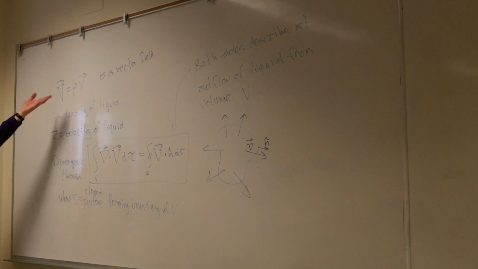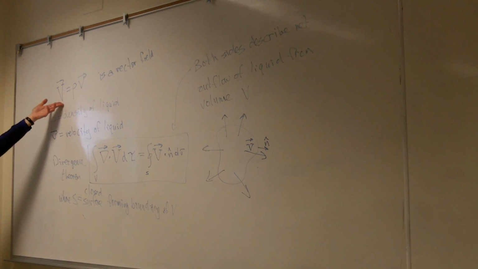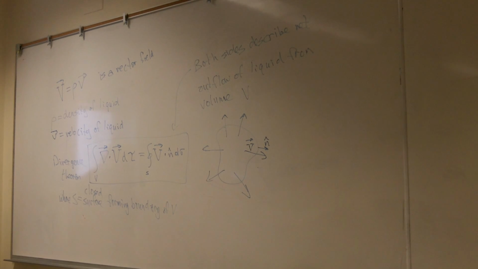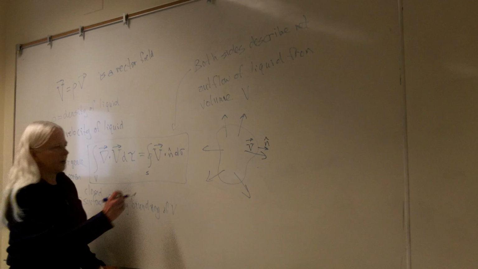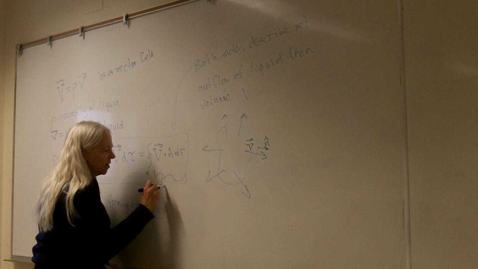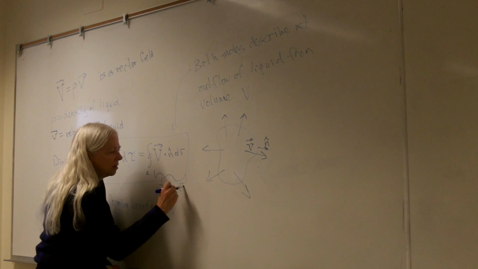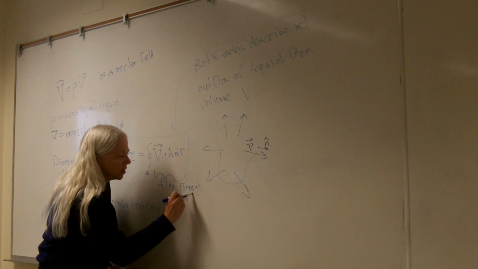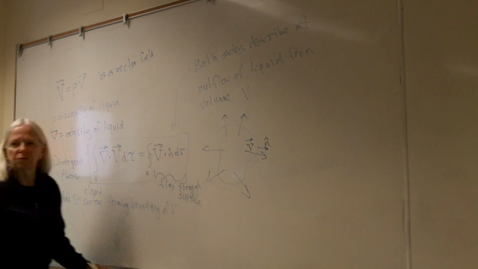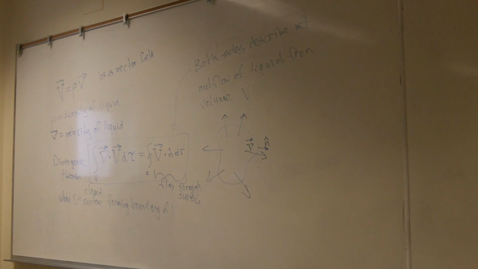And that is describing the amount of fluid that is flowing out through that surface, okay? And you probably remember the term flux integral for an integral like this. Sometimes we refer to this as the flux through the surface. It's just the amount of stuff that's flowing out through the surface.